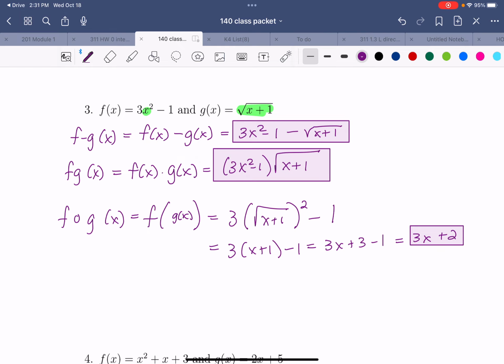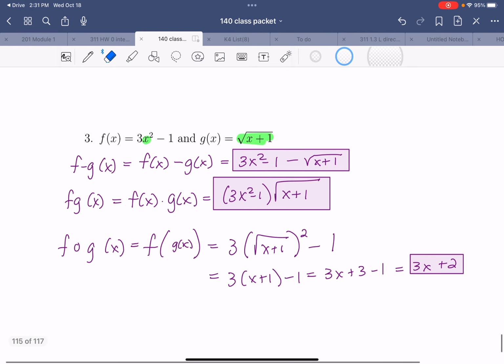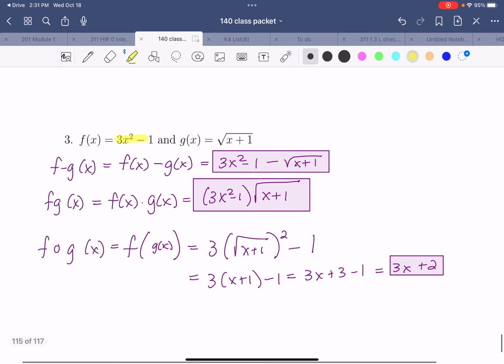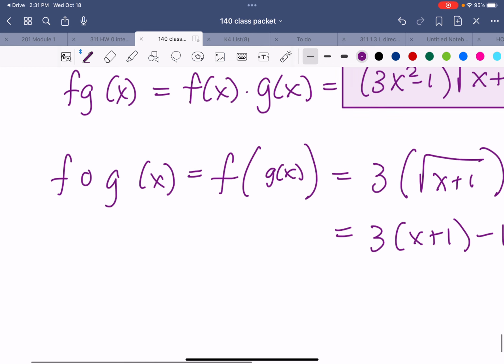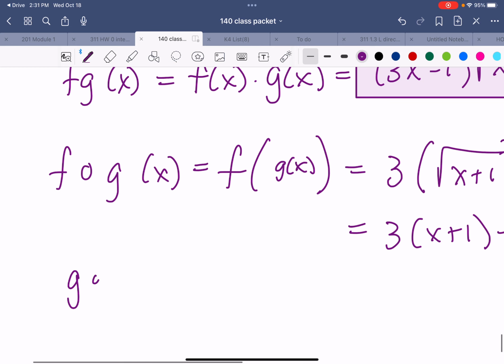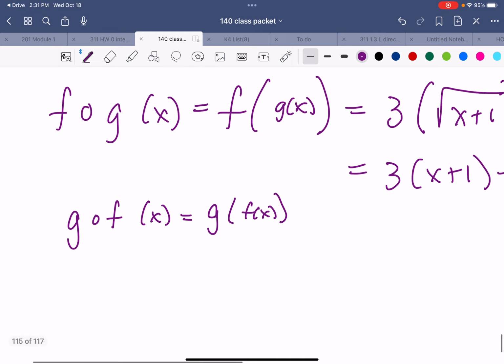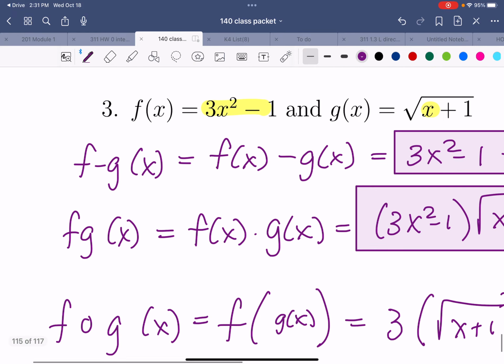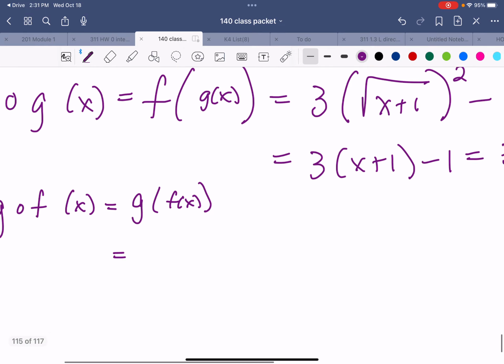And then lastly, we're going to compose in the opposite order. So this time I'm going to take the f of x and put it inside the g of x where the x is. So we're doing g composed with f, and so that is g of f of x. So we're taking the f of x, which is the 3x squared minus 1, and we're putting it inside that square root.